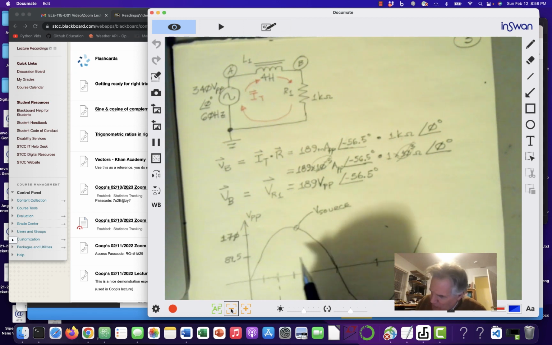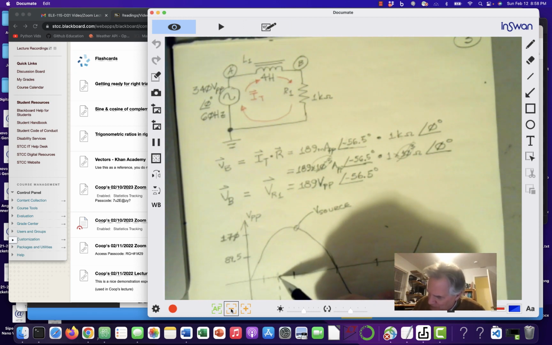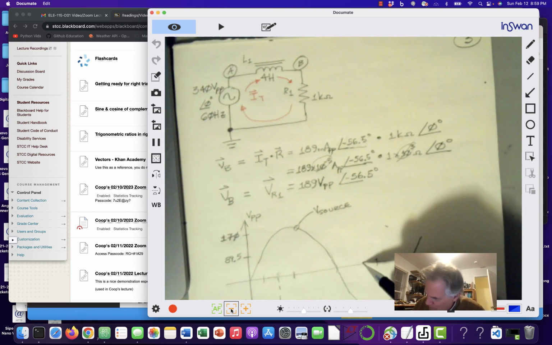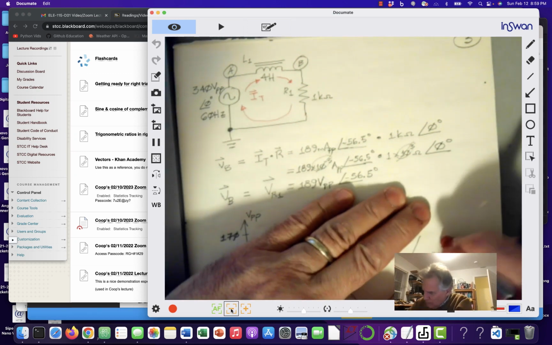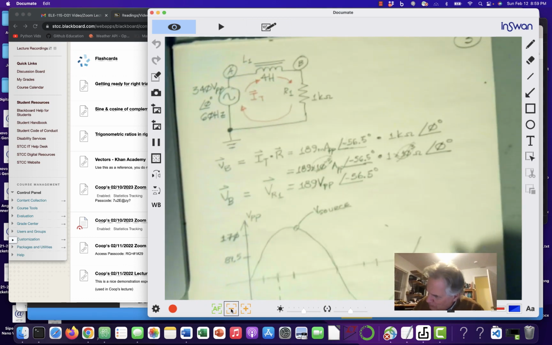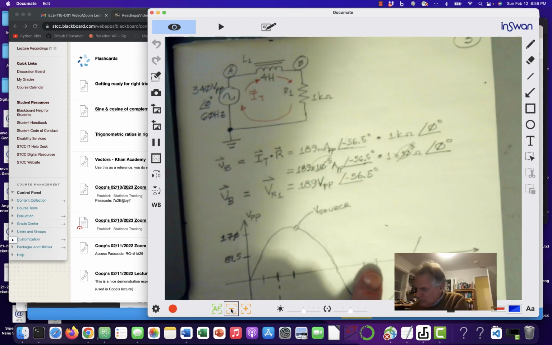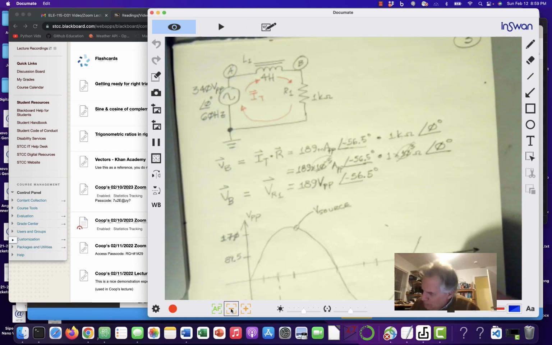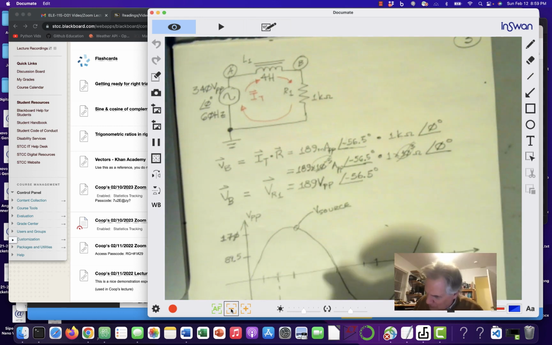So we're now going to get something that starts here and comes back through there. Let me try to do this with dotted lines.